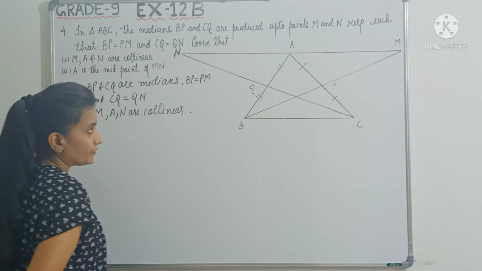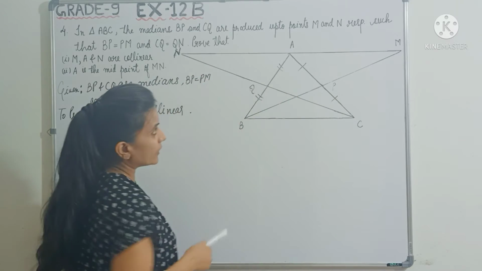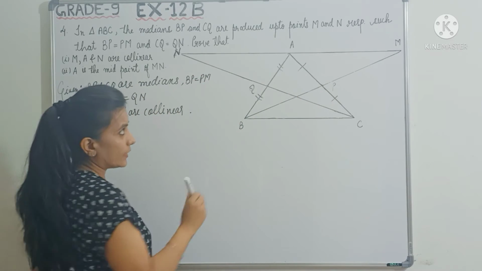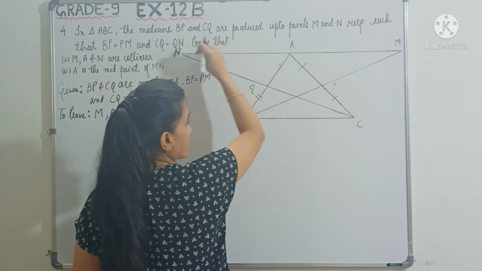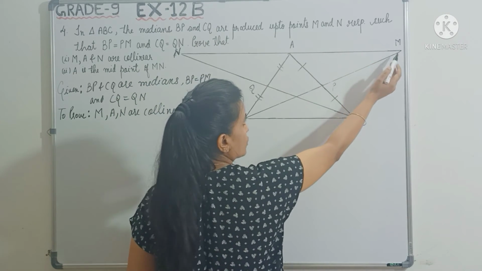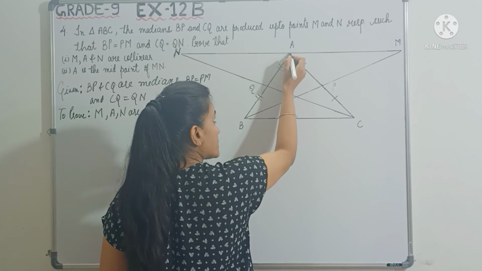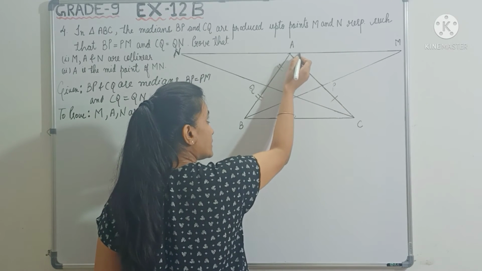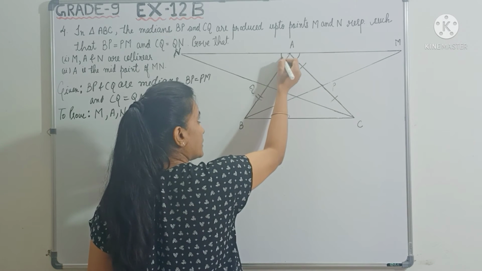Alright, now how will you show M, A, N are collinear? Just now I told you that we have to show that this is a straight line, M, A, N. So at this point we can see that three angles are being formed.